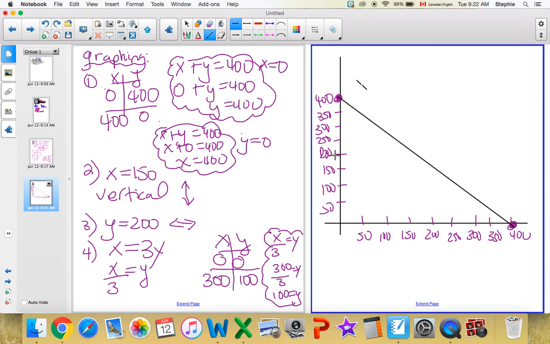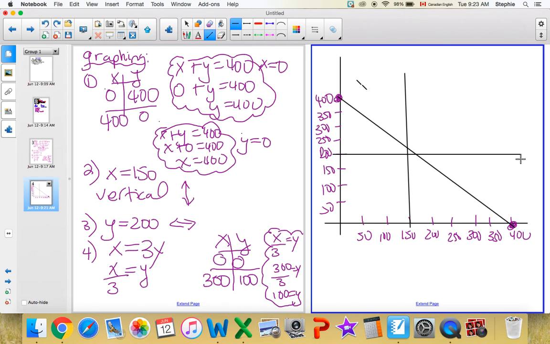Okay, there's my first line. Then I'm going to go to my second equation, which is a vertical line at 150. So I go to the 150 and I make a line going up. And then I go to the 200, which is here, and I make a line going like this.